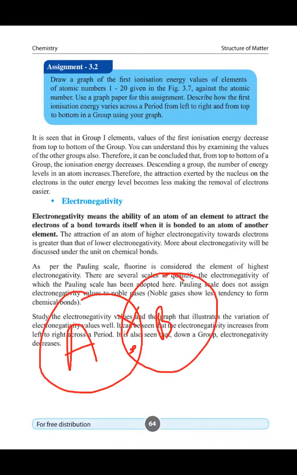Now, the ability to attract these electrons towards a particular atom is known as the electronegativity.